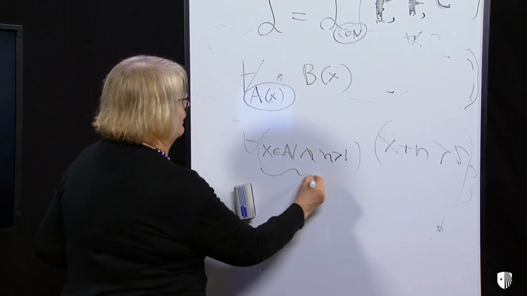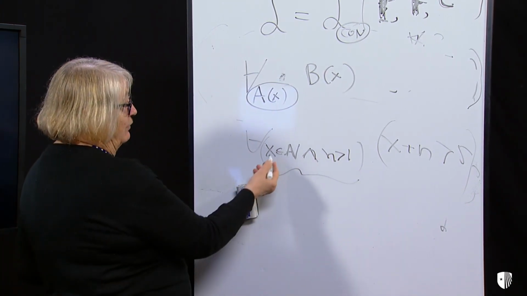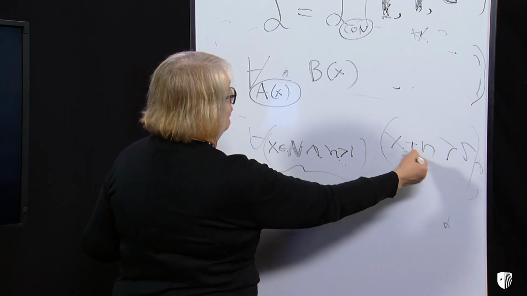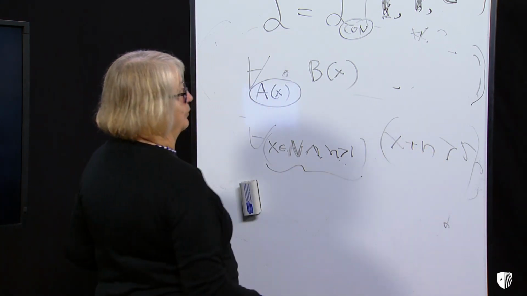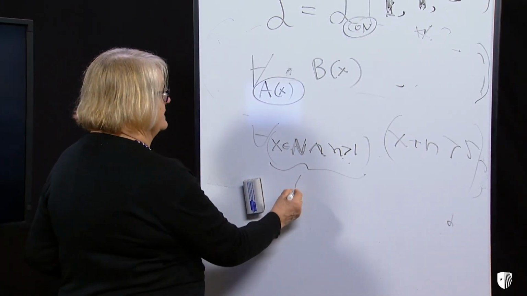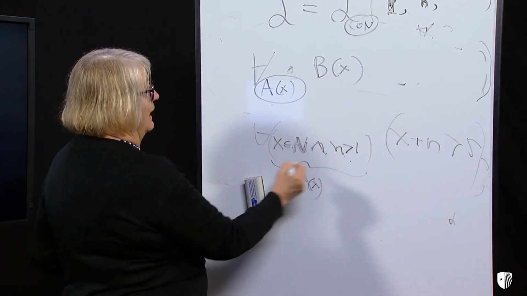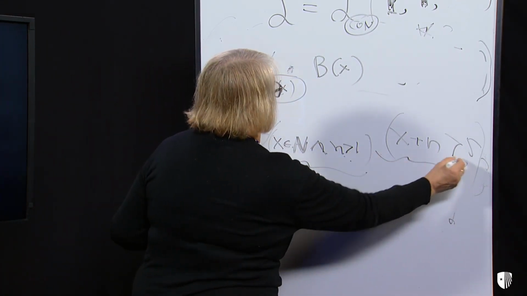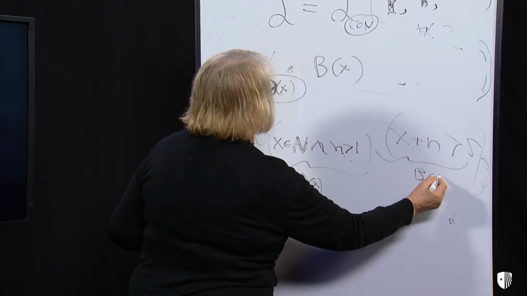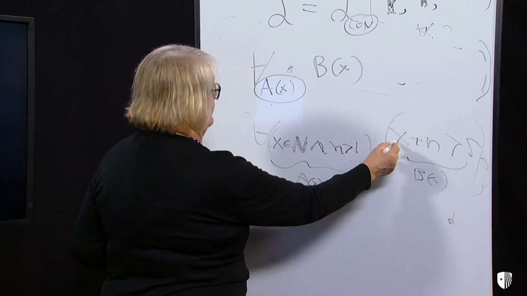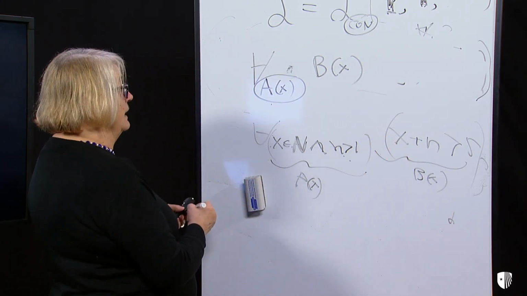That would be our restriction: I look only at natural numbers that are greater than 1, and I want x plus n to be greater than 5. So this is a formula which restricts, this is our formula B(x), and this quantifier binds only x, and so on.